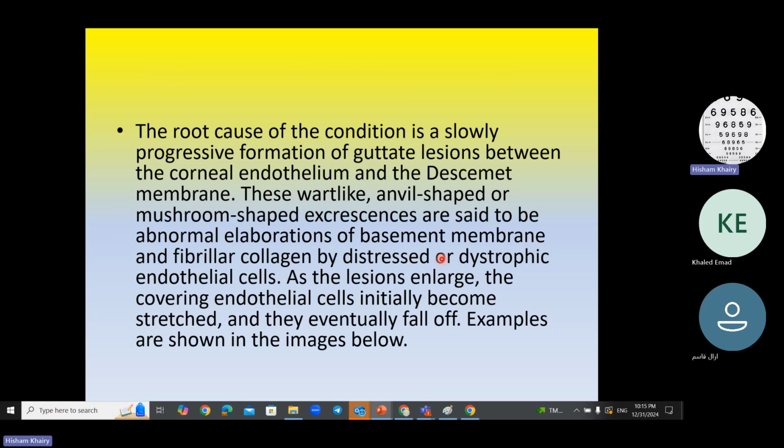These wart-like, anvil-shaped or mushroom-shaped excrescences are said to be abnormal elaborations of basement membrane and fibrillary collagen by distressed or dystrophic endothelial cells. As the lesion enlarges, the covering endothelial cell initially becomes stretched and then eventually falls off.